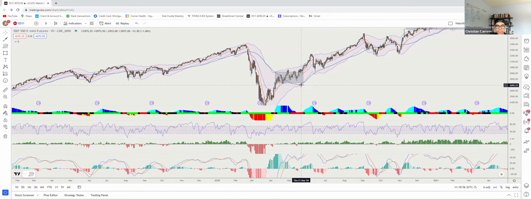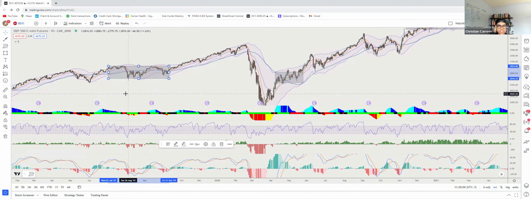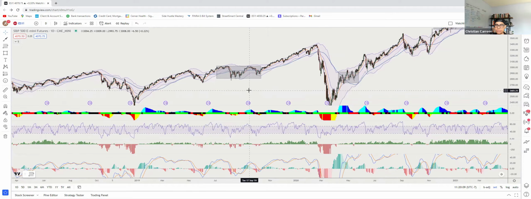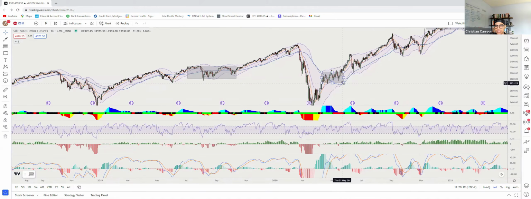Now, base boxes for me are when that consolidation is maybe 2 to 4, maybe 6 months, just as in this July to October consolidation in 2019. The main difference between this box and the 50 MA box is that the 50 MA is going through the consolidation. You see it here in the middle of this range, while the 50 MA is below it.